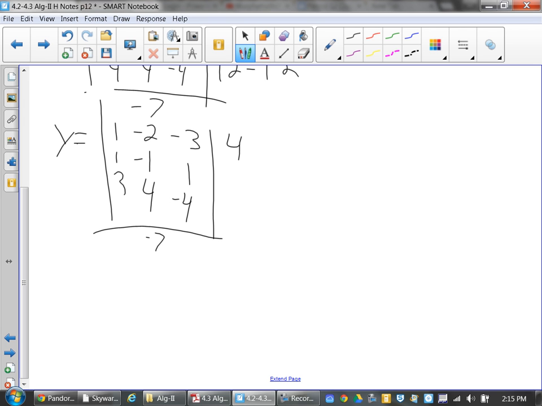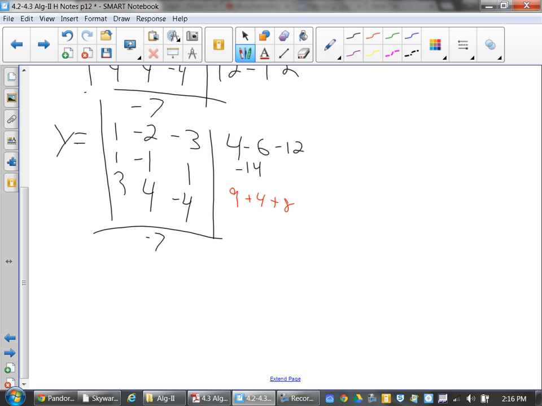Shoots, 4, -6, -12. You get -14. Ladders. 3, -1, -3 gives you 9. 4, 1, and 1 is 4. -4, 2, -2 is 8.